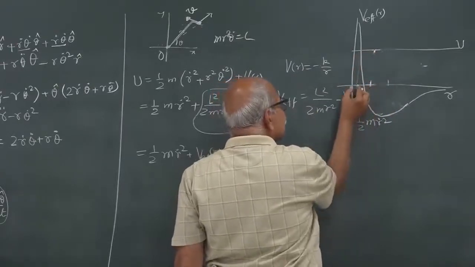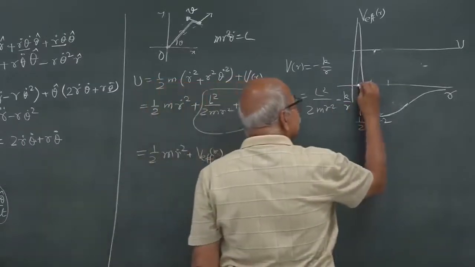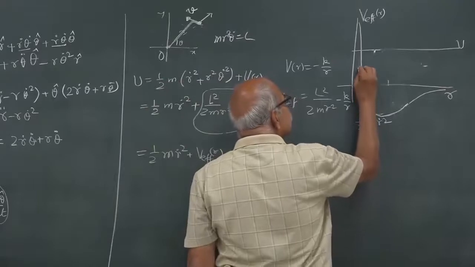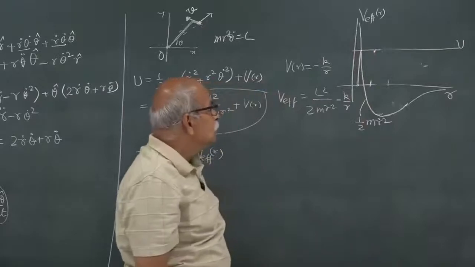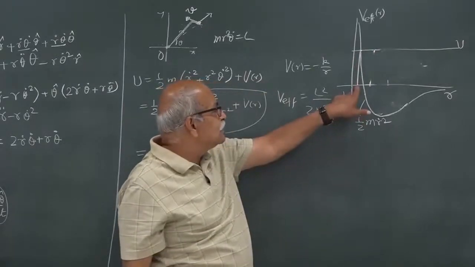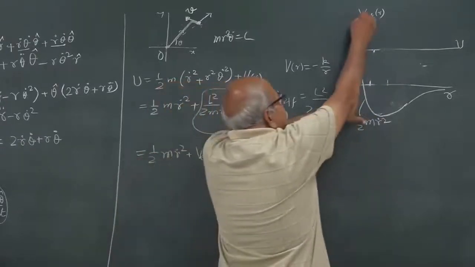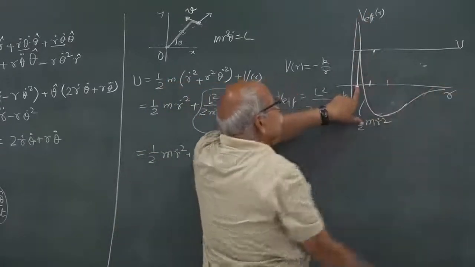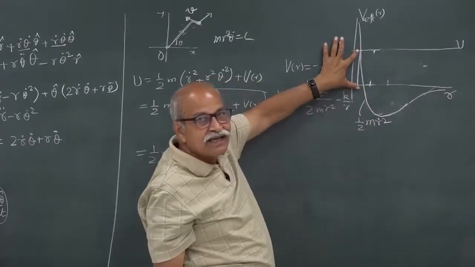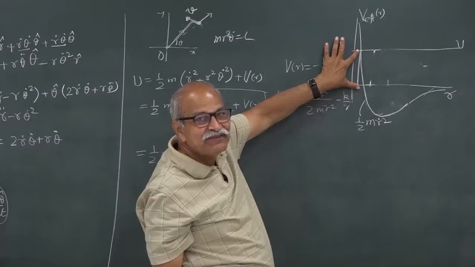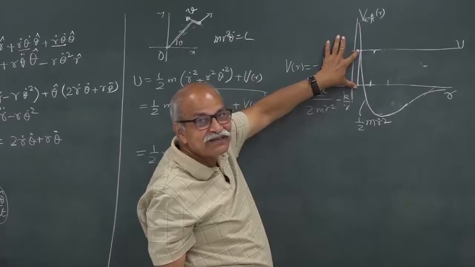Suppose r has decreased to this value, and if I draw a vertical line here, it just crosses the curve. At this point, what is the effective potential energy? Here is the curve, so this is the effective potential energy, and the total energy is always fixed. This is the total energy. How much is half m r dot square?